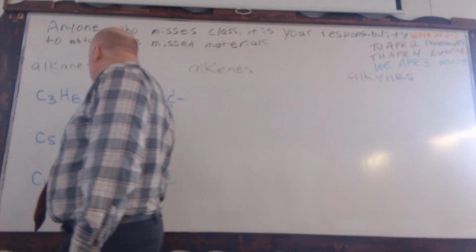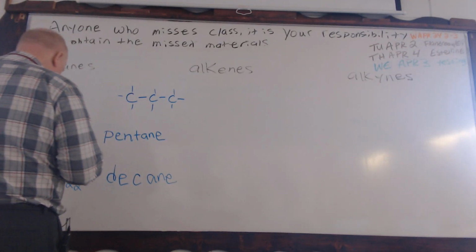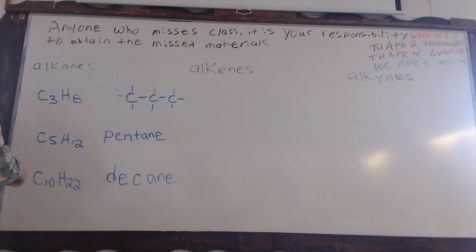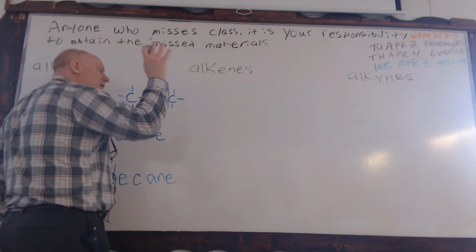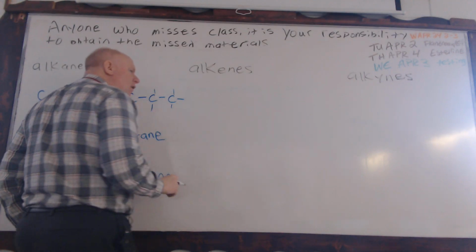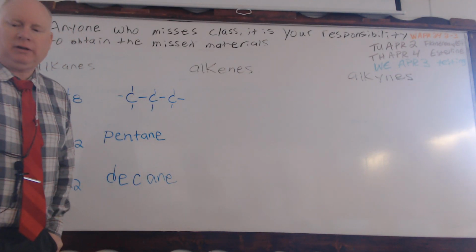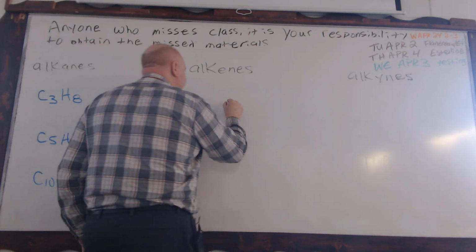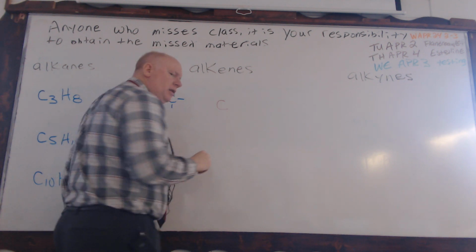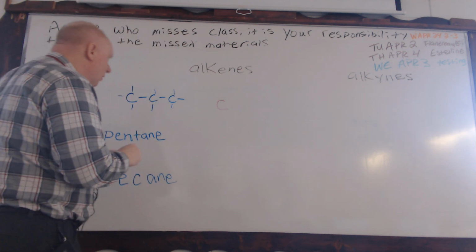Okay. We'll come back to these in just a moment. So, in this case, pick a number between 4 and 8. I don't know how well that's going to show up on there.